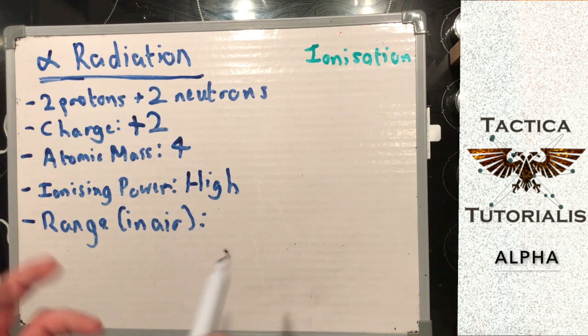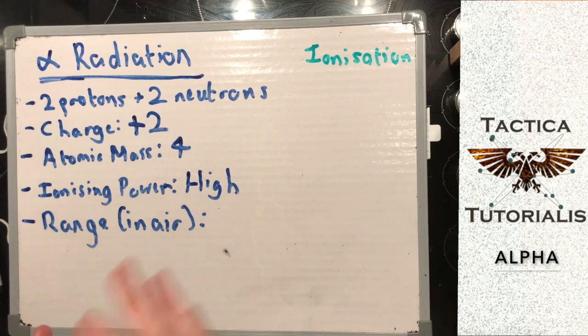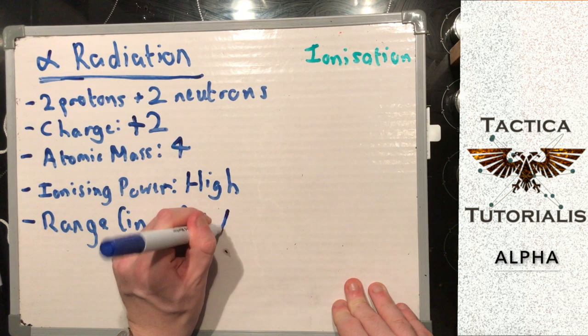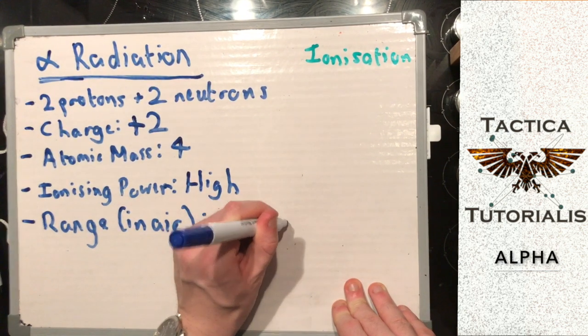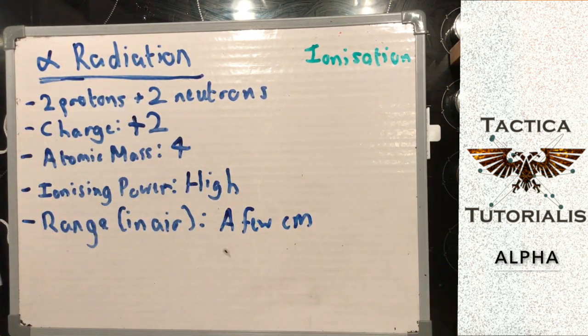But radiation can be stopped and eventually will run out of distance before it either slows down or is stopped altogether. Now, in air, alpha particles don't get very far. In fact, as part of this topic, you do applications of radiation, and alpha particles are used in your smoke alarm, and it's perfectly safe because they can only travel a few centimeters in air.